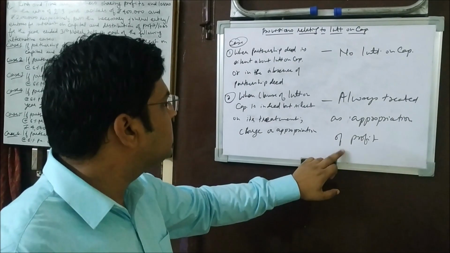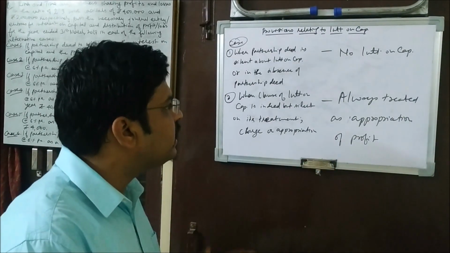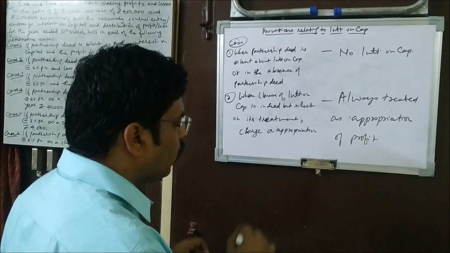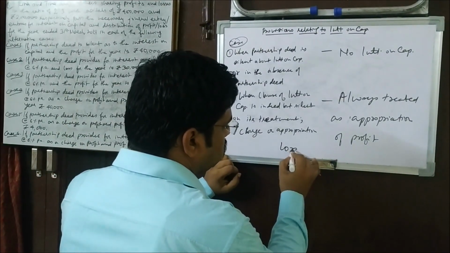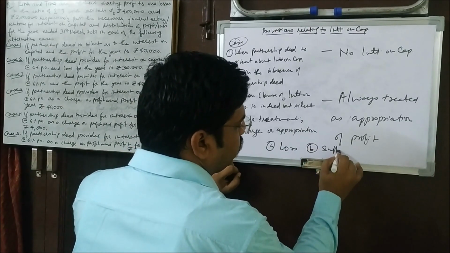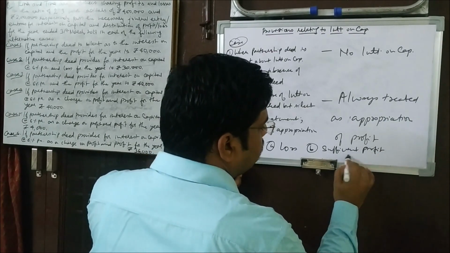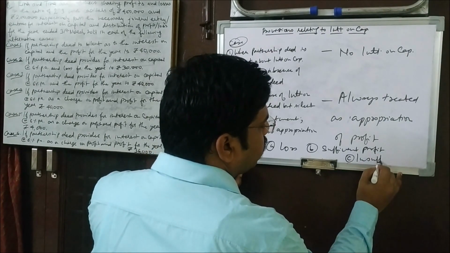So under this case we have 3 conditions. Let me write down the 3 conditions over here. One condition, loss. Another condition, sufficient profit. And the third condition, insufficient profit.